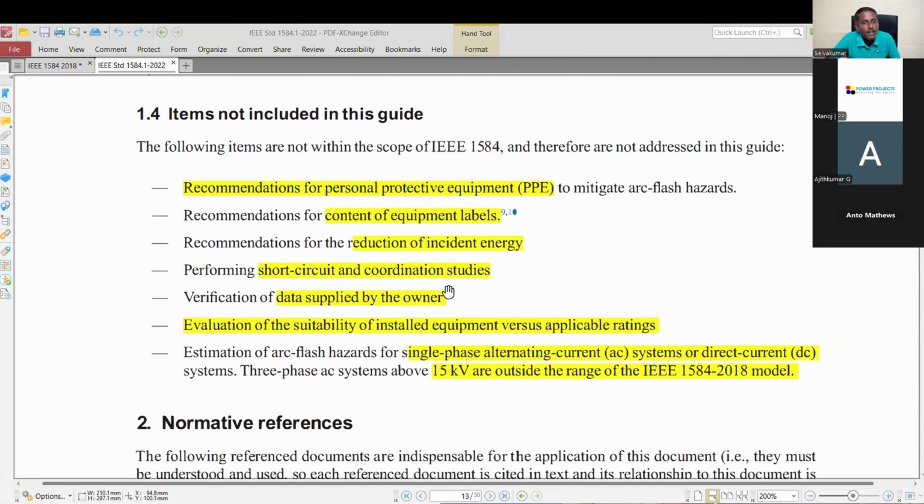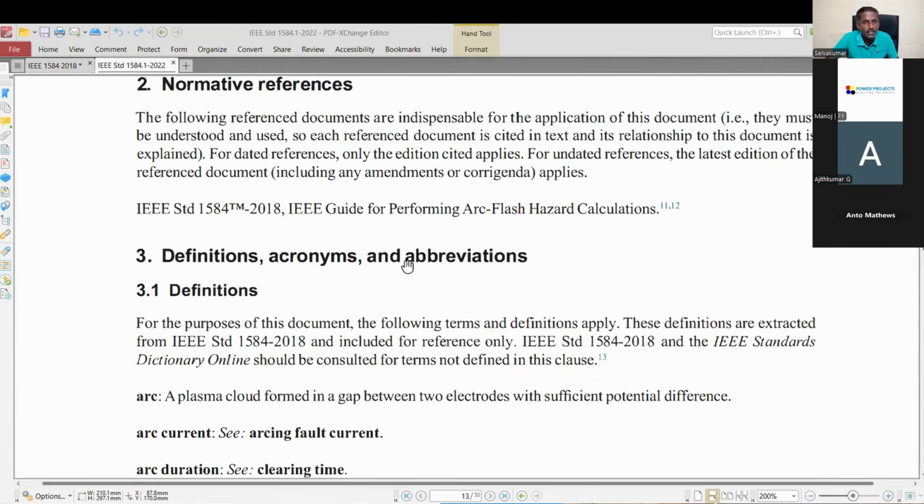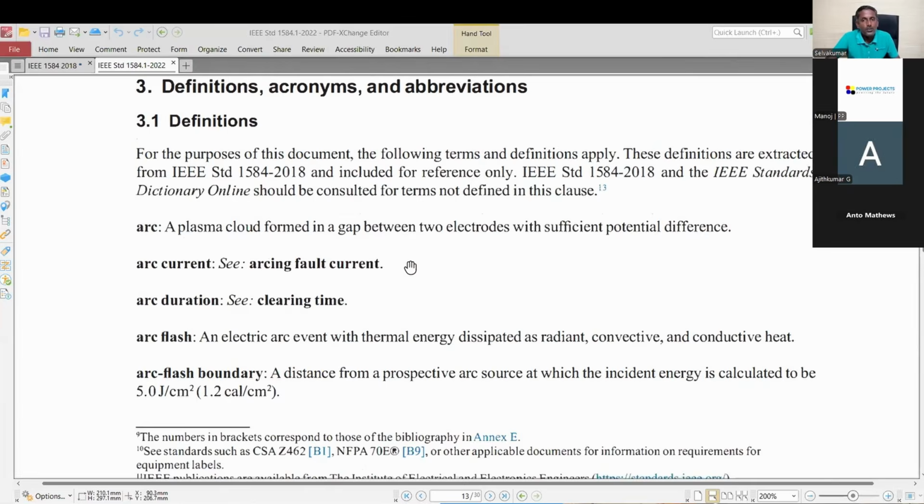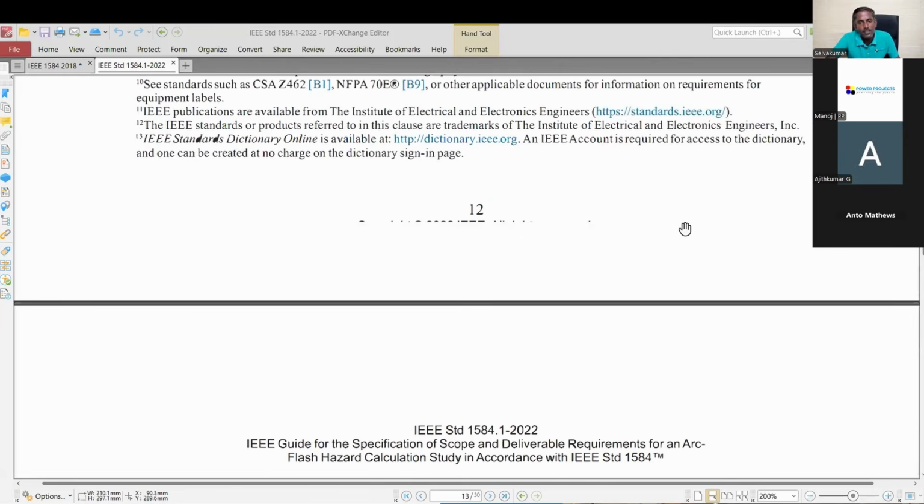Verification of data supplied by the owner, evaluation of the suitability of installed equipment versus applicable ratings, and estimation of arc flash hazards for single phase, DC, or voltages beyond 15 kV. These are all not covered under IEEE 1584 and hence IEEE 1584.1. The definitions are the same as given earlier. So 208 volts to 15 kV.